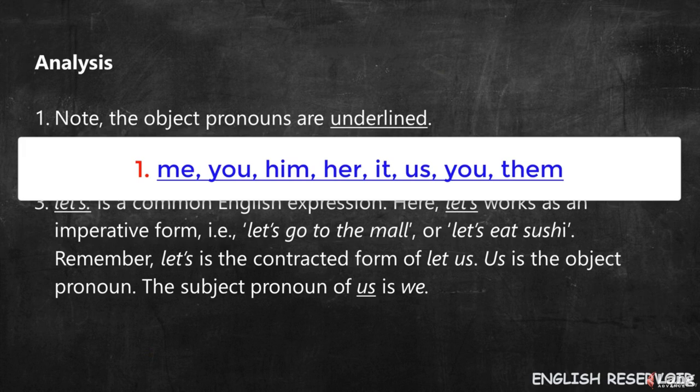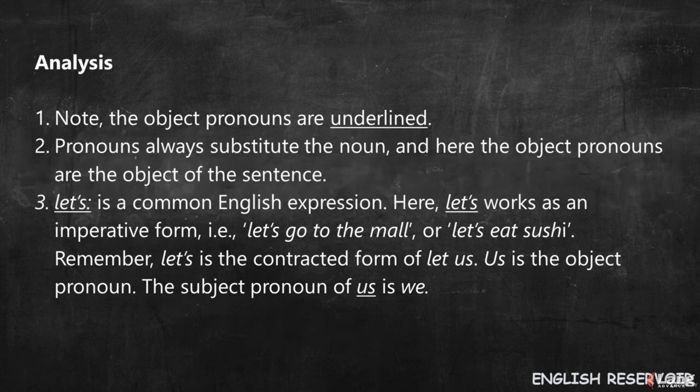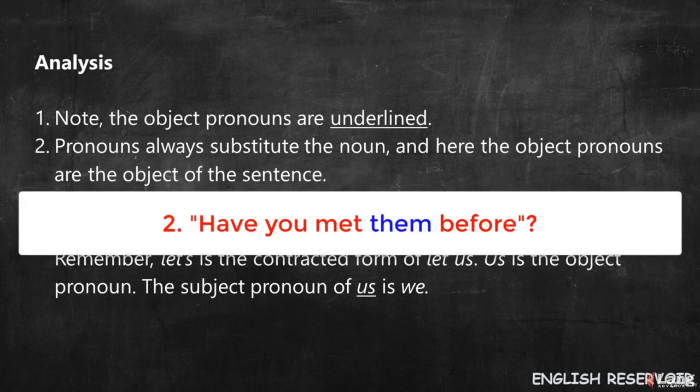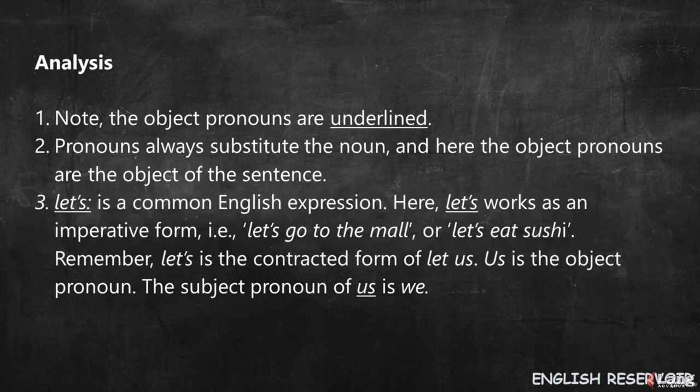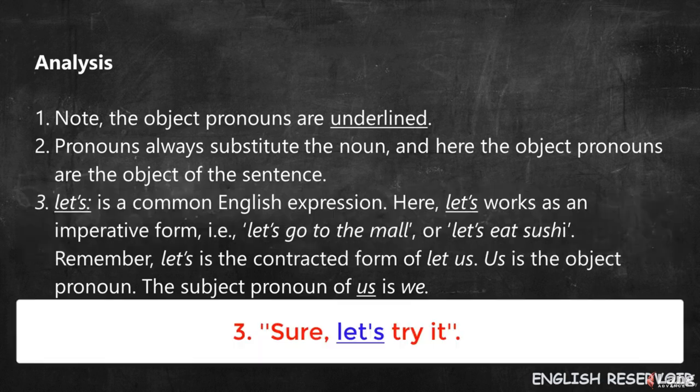Note, the object pronouns are underlined. 2. Pronouns always substitute the noun. And here, the object pronouns are the object of the sentence. 3. Let's is a common English expression.